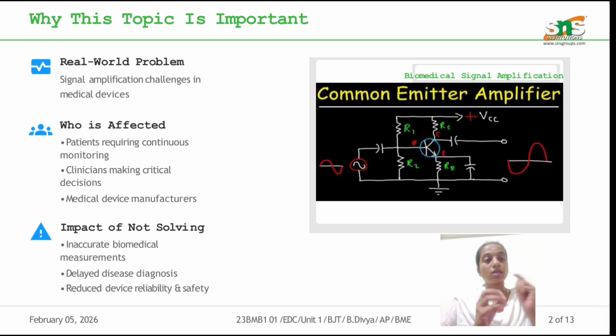Why? Because in the BJT we are going to specifically align with this common emitter amplifier, because the exact output can be given only by this emitter configuration. We have different types of configurations in this. We'll see one by one in the next videos.